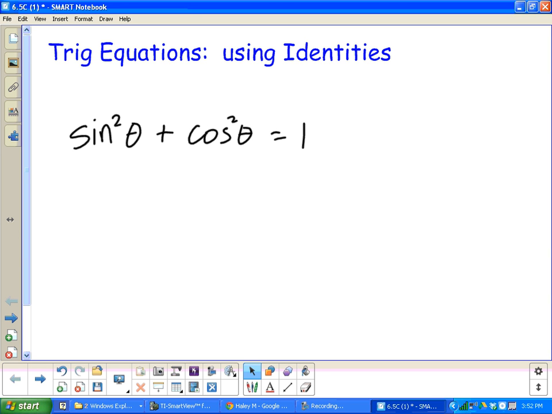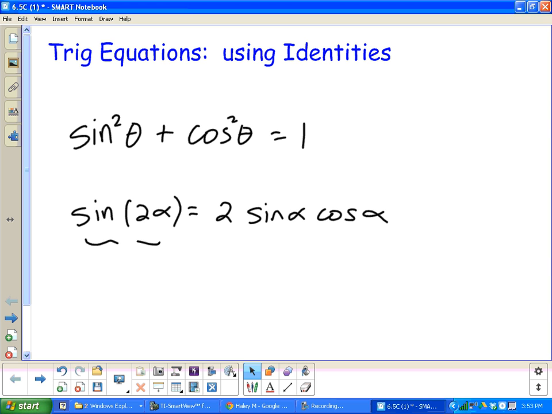Now, other identities that you'll use a good bit are your double angle identities. So for instance, sine of 2 alpha is equal to 2 sine alpha cosine alpha. And you could use either side of this identity.